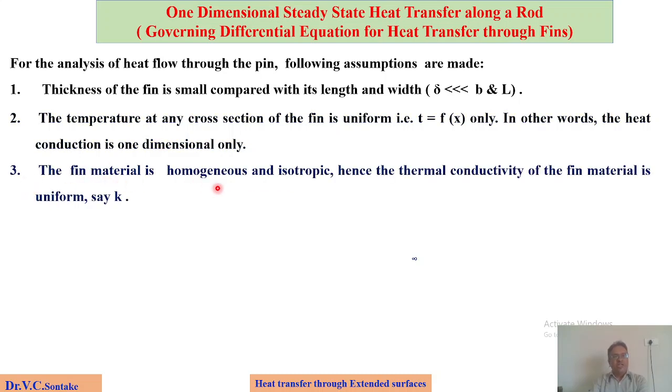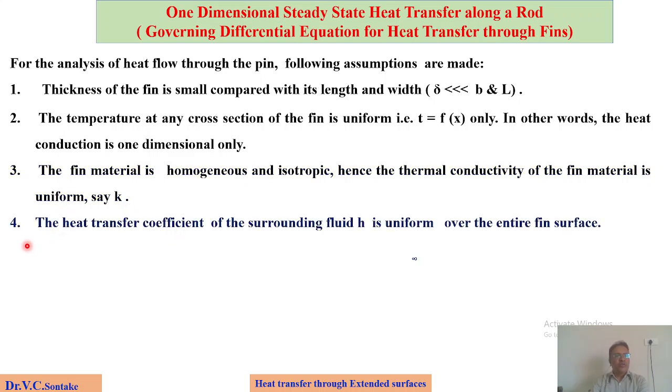3. The fin material is homogeneous and isotropic. Hence, the thermal conductivity of the fin material is uniform. Let's say it is small k. Thermal conductivity is constant with respect to direction. It is kx equal to ky equal to kz equal to k. 4.